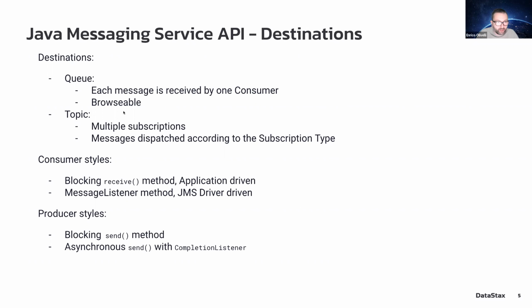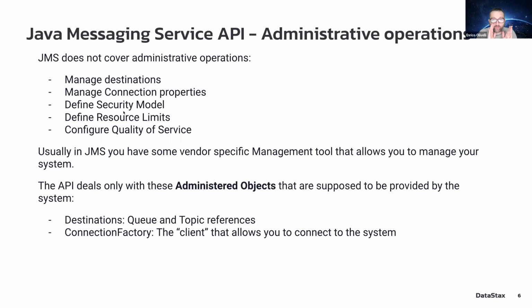So that's it. But what is missing in the JMS API is the admin operations. With JMS, you cannot manage the destinations, you cannot manage connection properties, so nothing about TLS or security.